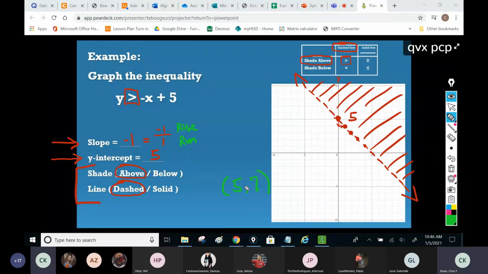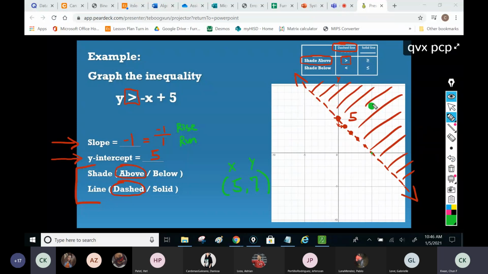So this ordered pair 5 and 7, is it a solution or not? Let's try to find this location right here. We are looking at the x value that is 5, which is right here, and then the y value is 7. So that means right here. This is the ordered pair we're looking for. And I want to ask you, is it a solution?